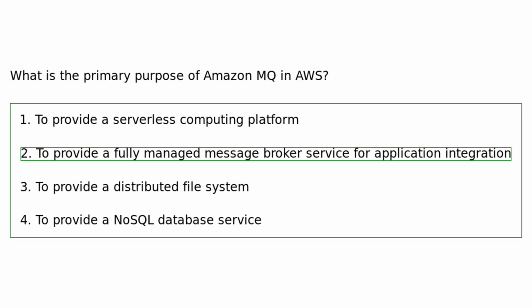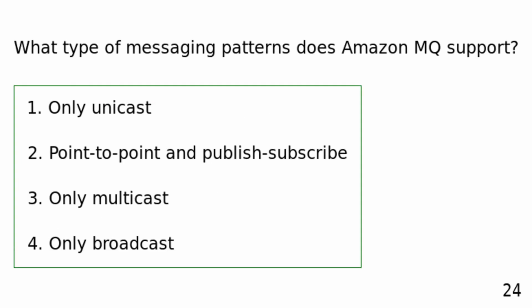Amazon MQ is a fully managed message broker service that simplifies the setup, operation, and management of message queues, enabling seamless communication between different components of distributed applications. What type of messaging patterns does Amazon MQ support? Only unicast. Point-to-point and publish-subscribe. Only multicast.